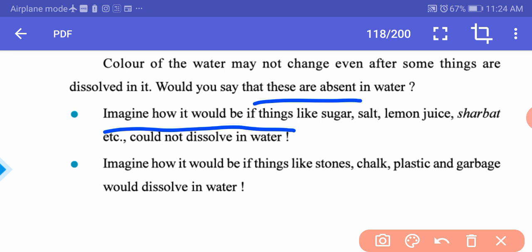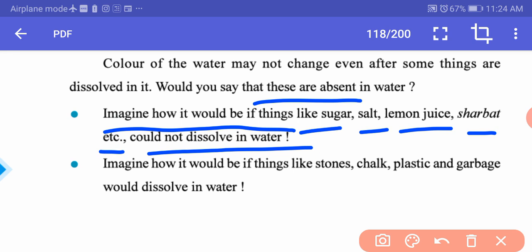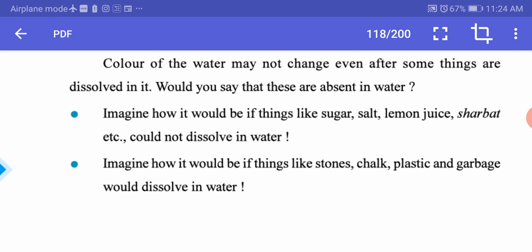Imagine how it would be if things like sugar, salt, lemon juice, sharbat, etc. could not dissolve in water. So you have to think, if these things will not dissolve in water, what will happen? Will you be able to cook food? If sugar does not dissolve, there will be no taste in the water.